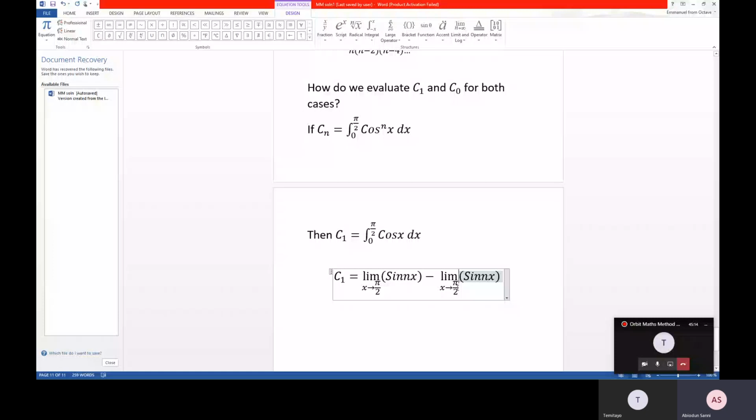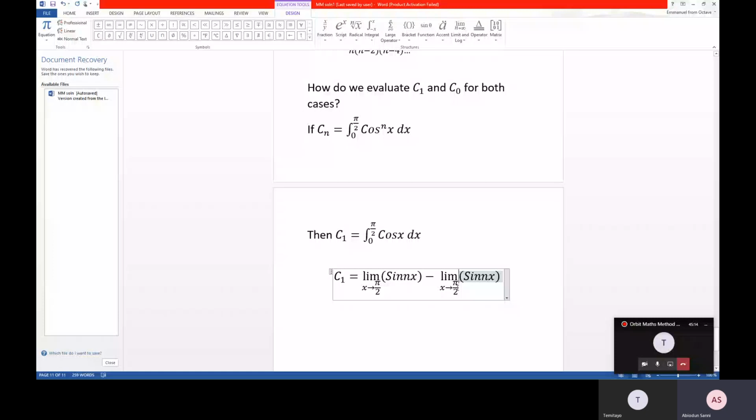So here, if x to the power pi over 2, sin 90 is 1. This one is going to be 1 minus, and I put x to the 0. And when I put x to the 0, you have sin 0 to the 0, which is equal to 1. So it means you have evaluated our C1 to be 1.